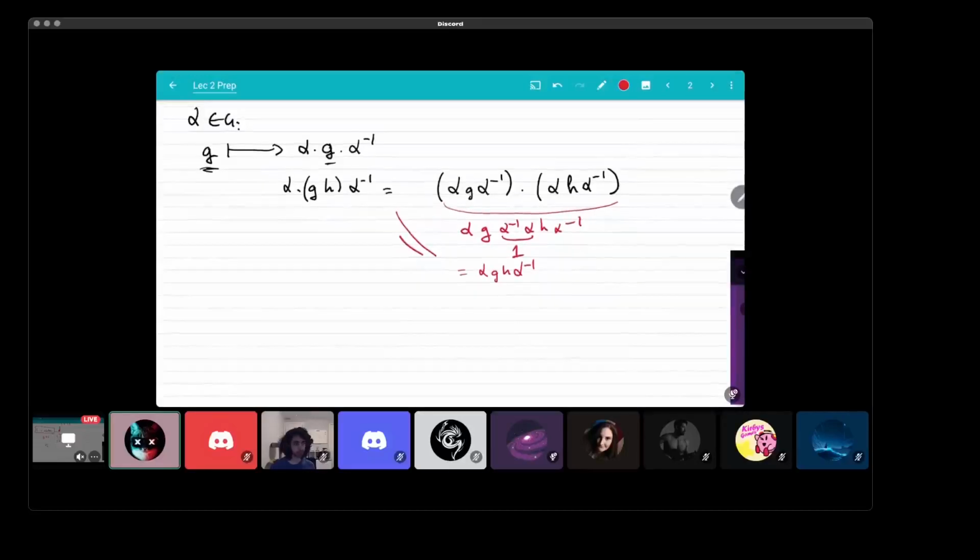As for it being bijective, we can find the inverse function by sending h to conjugation by alpha minus 1, this is h.